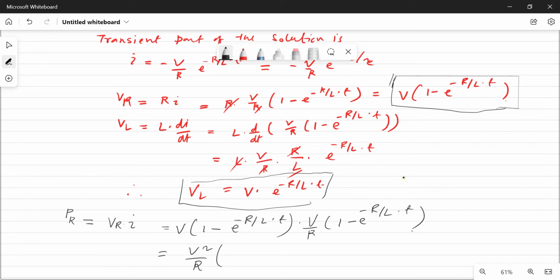So this will be 1 minus 2 e to the power minus R by L into T plus e to the power minus 2R by L into T. This is the expression of power in the resistor.